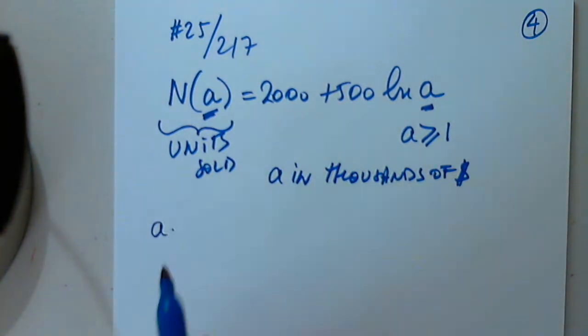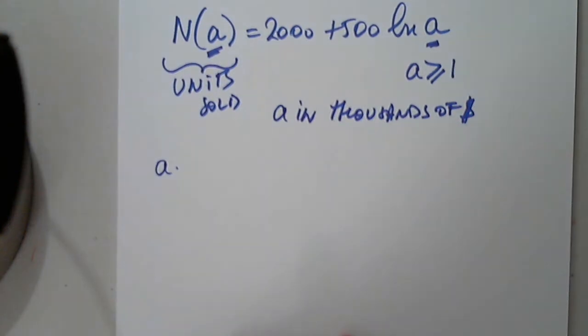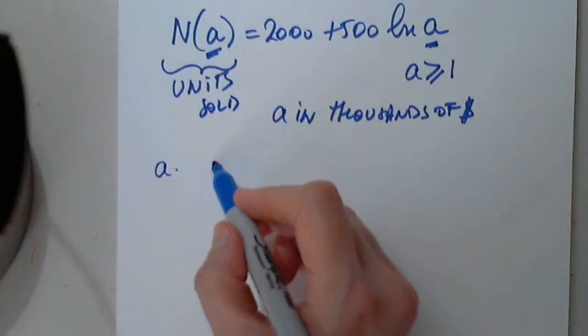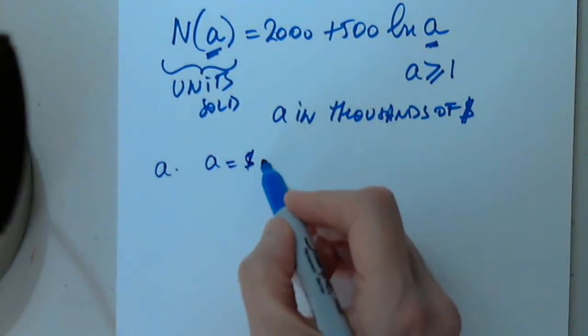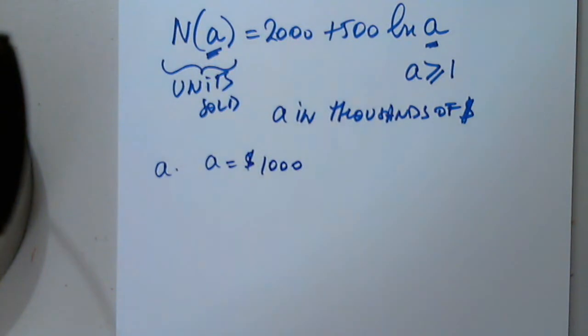Part A. How many units are sold when $1,000 is spent on advertising? So A equals 1,000. So would we just plug it in and solve?